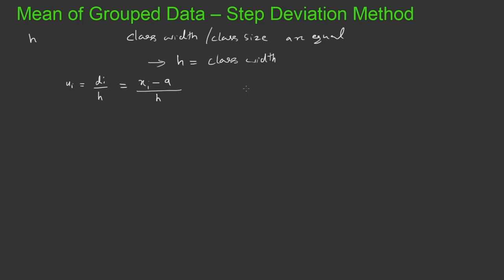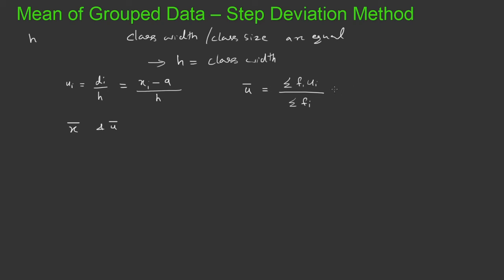We know mean of ui, that is u bar, is equal to sum of fi ui divided by sum of fi. We need to find the relation between x bar and u bar. For this, we already know ui is equal to xi minus a divided by h.